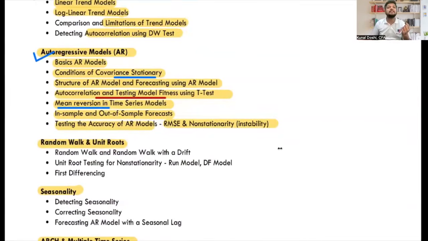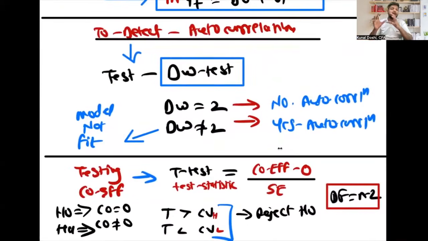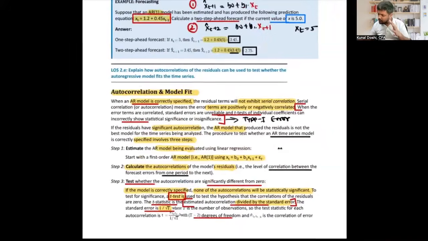Autocorrelation and testing the fitness of the model. This is where we detected the autocorrelation. Remember, for that we did the DW test, Durbin-Watson test, right? And the number was 2. If it is equal to 2, there is no autocorrelation. If it is not equal to 2, then there is autocorrelation. Autocorrelation means the model is not fit. So if we rejected the null, then we concluded that there is autocorrelation and the model is not fit. This is what we did, right?